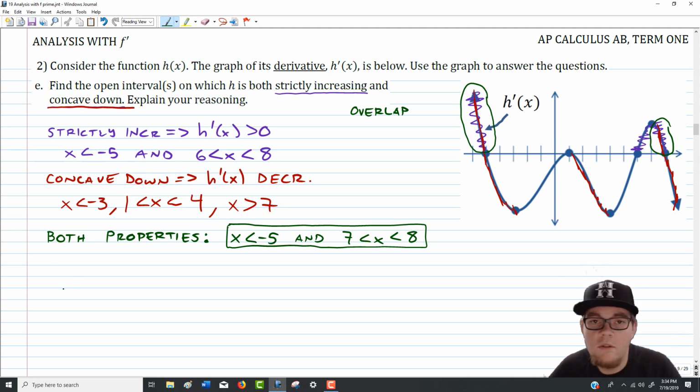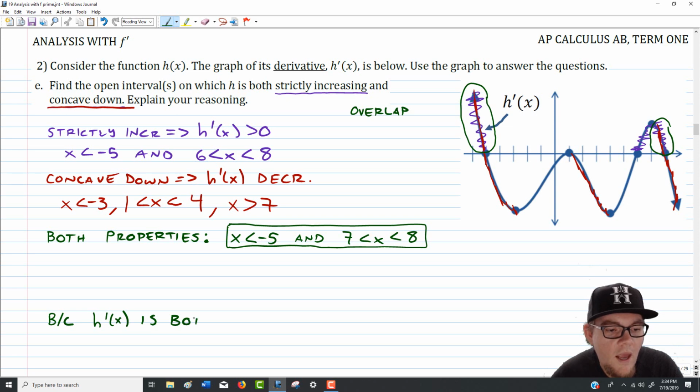So instead, what I usually do is start these kinds of problems backwards, and I start with what the justification would be. So I start with the because, and in our case I'd say because h prime of x is both, and then I'd list out what it takes for each of those properties.